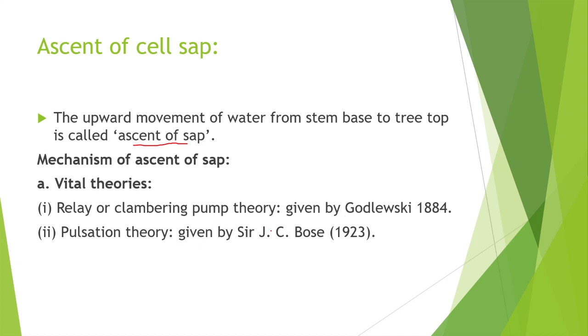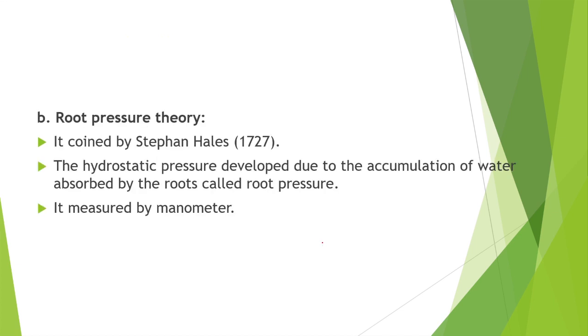This theory was given by Godlewski in 1884 and the pulsation theory was given by Sir J.C. Bose in 1923. The pulsation theory stated that the metabolic activities going on inside plants cause a rhythmic pulsation in the plants, and due to this pulsation there is upward movement of water. But this theory was rejected because the cells of plants are dead and the water is passively absorbed and there is no need of energy.